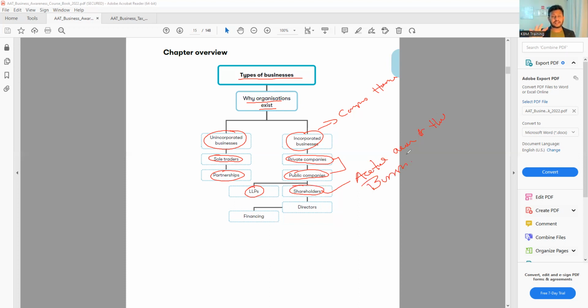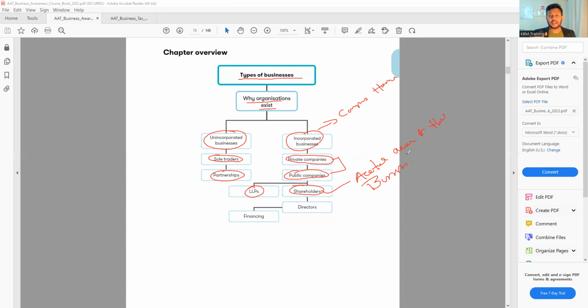We think the directors are the owners of the business. Remember, this is not true. Directors are not the owners of the business. Directors are the people who direct the business. They are just employees.